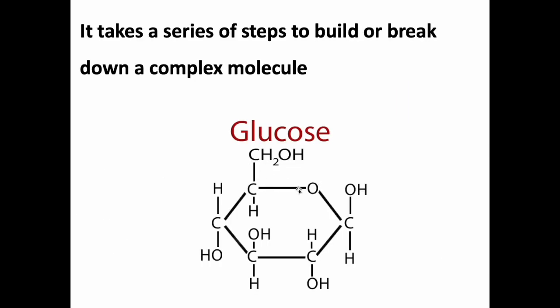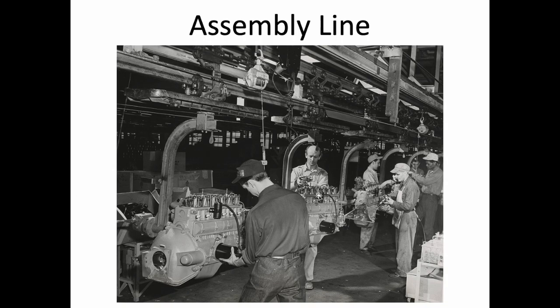Look at all these chemical bonds in glucose. That's quite a lot of bonds holding this together. If you want to build this from scratch, you cannot do that with a single enzyme. If you want to build something complicated, you're going to need a bunch of enzymes working together in an assembly line, with each enzyme performing one function.